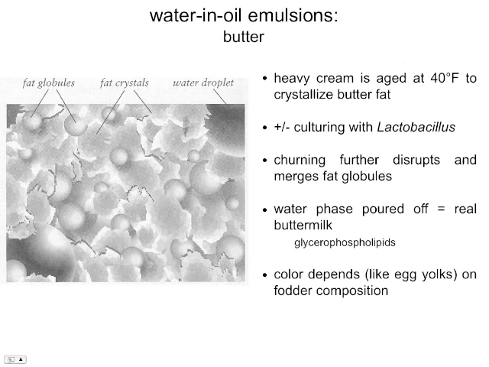Okay, butter. I mentioned before that most emulsions that we encounter in the kitchen are oil and water emulsions. That is, the oil is the dispersed phase and the water is the continuous phase. Butter is a counterexample. Here we can age the cream at fairly low temperatures, and this begins the crystallization of the butter fat, the triglycerides that make up the core of those fat globules.